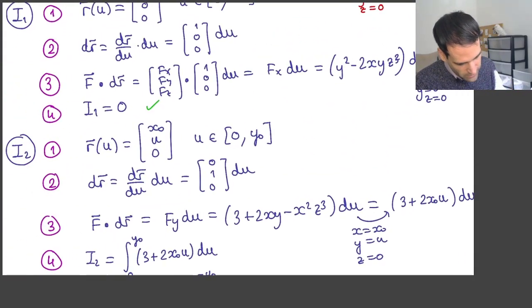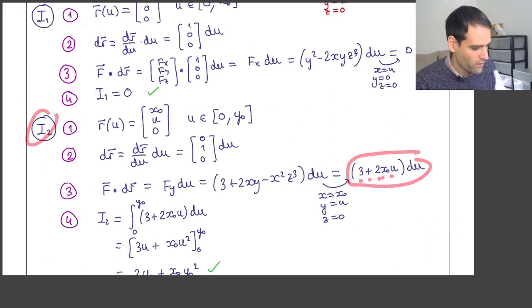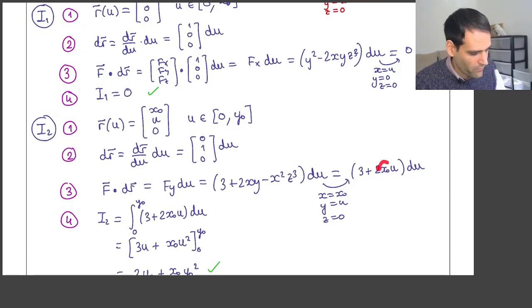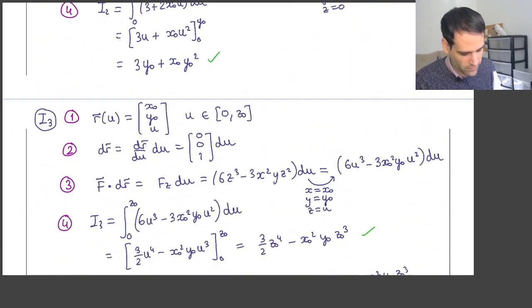So that when you are doing this integral number 2, and you see that the integrand is 3 plus 2x0u, you don't say, wait a second, we have an x here. We shouldn't have x's. We should only have the parameter u plus constants. So that's why I used the 0 subscript, so that it's clear that x0 is a constant. It's not a variable, okay? So that is why I used x0, y0, z0 for doing the three integrals.